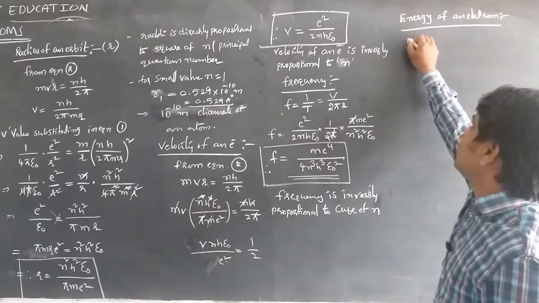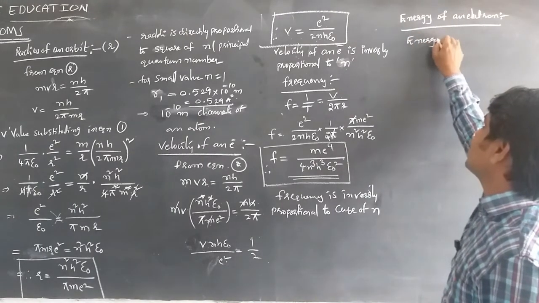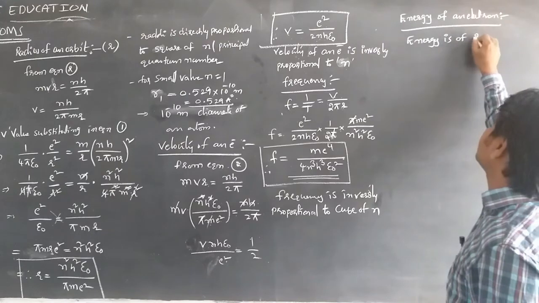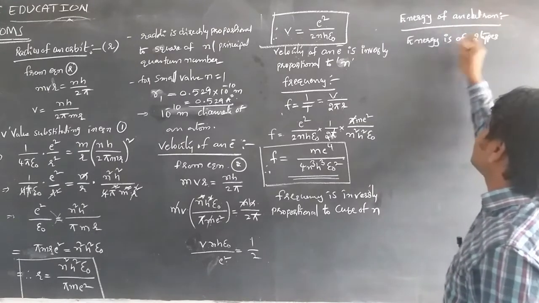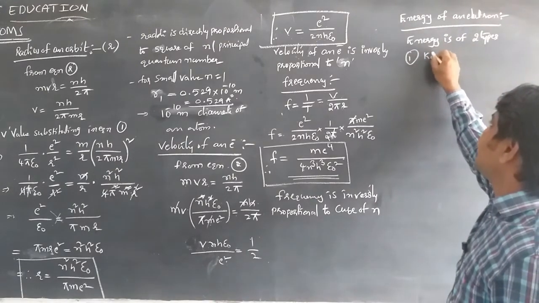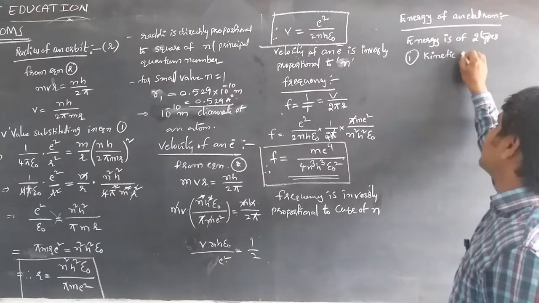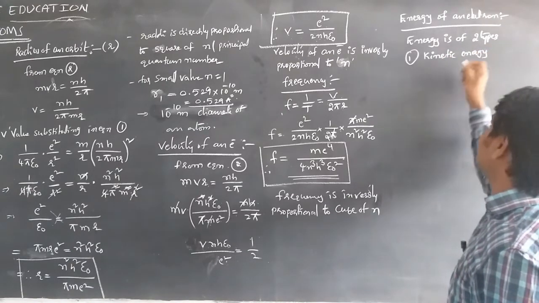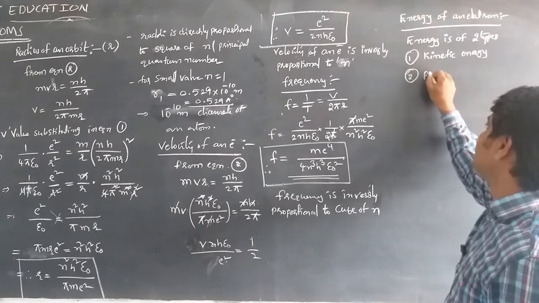We know that energy is of two types. The first one is kinetic energy. The second one is potential energy.